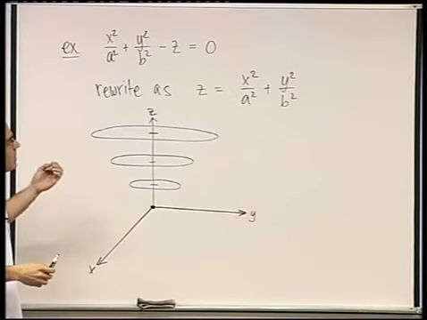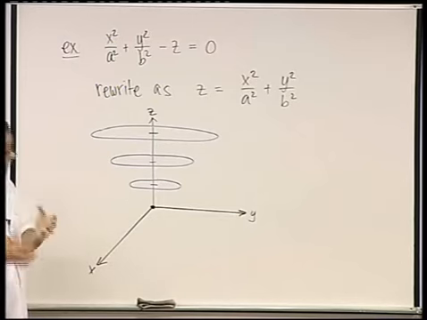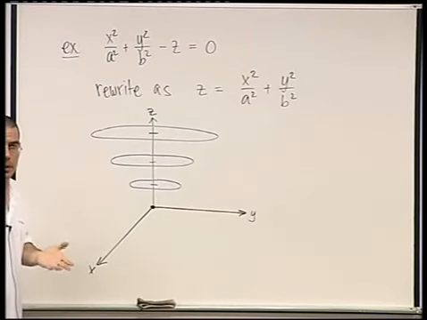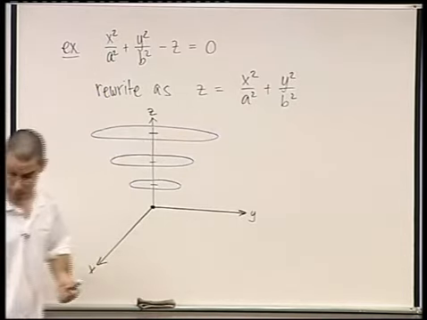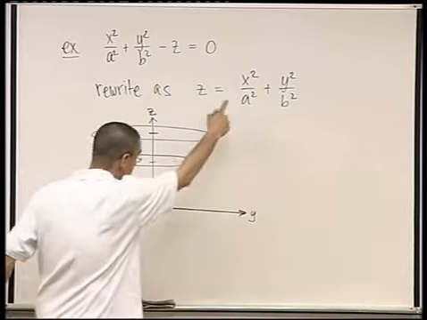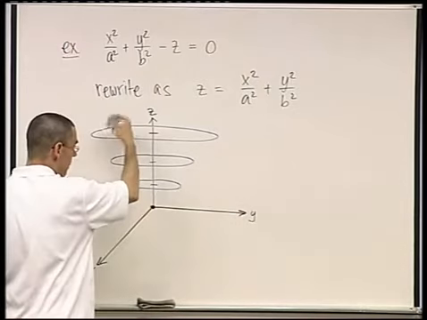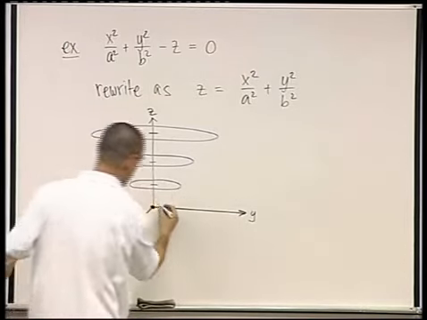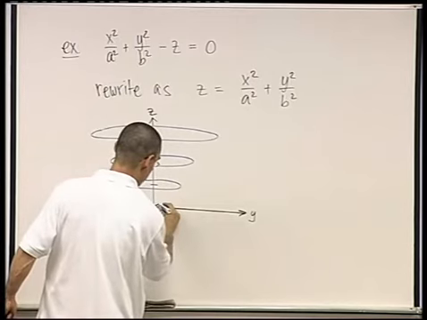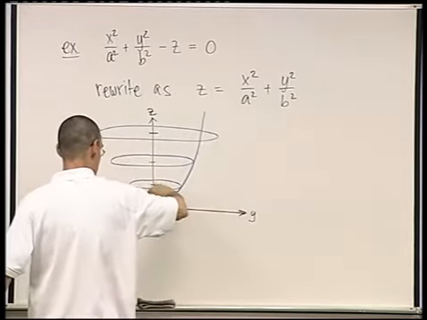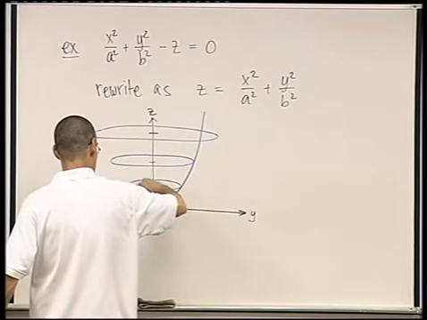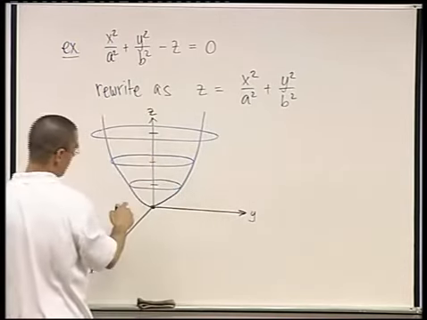What is z equals y squared over b squared? Right, it's a parabola. Does everybody agree? It's a parabola in z and y. So for x equals 0, I get a parabola, z equals y squared, and if I draw it somewhat convincingly, I'm going to fix these ellipses in a second. What I'm going to get is something like this.